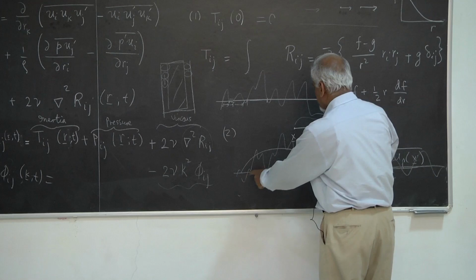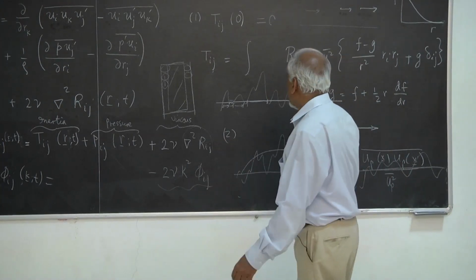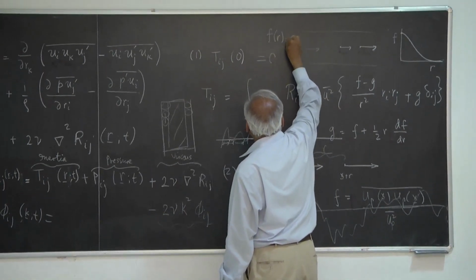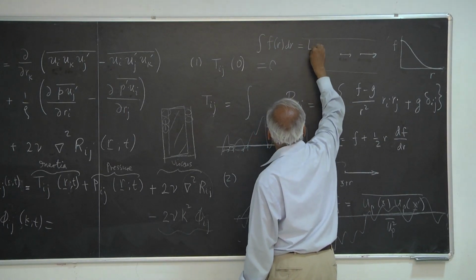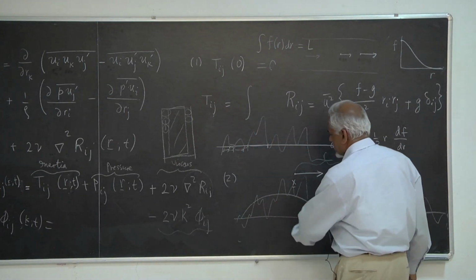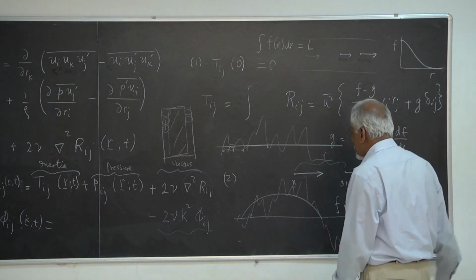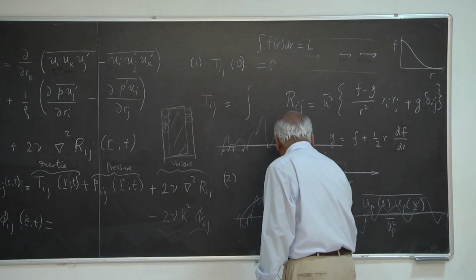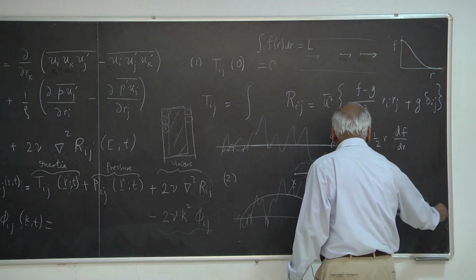See, f of r will give you the distance over which you have a certain correlation, and in fact I am going to define for you the integral of f of r dr, which is some length scale L, sort of related to that. And this lambda is simply the mean of all these distances, some of which may be large, some of them small, etc.